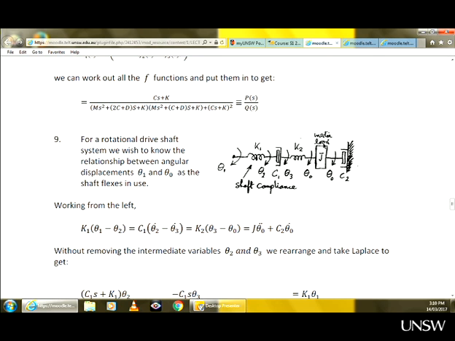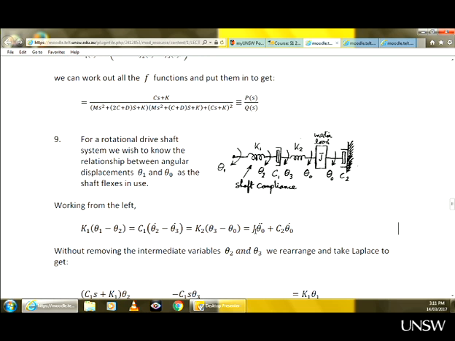But then when you reach this disk here with the significant inertia, what you can do is write a free body diagram. So you have the torque from the spring trying to turn this disk, and the torque in that damper resisting that rotation. The difference between the two equals the inertia term.